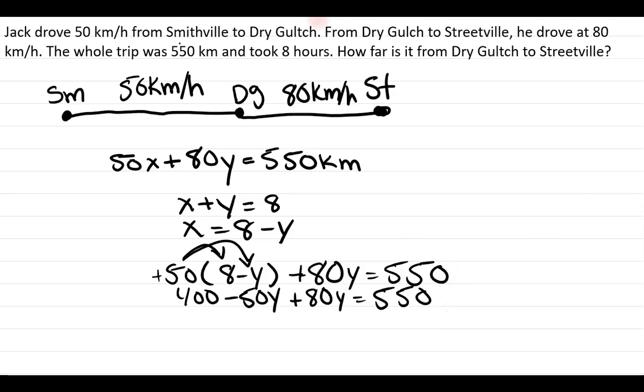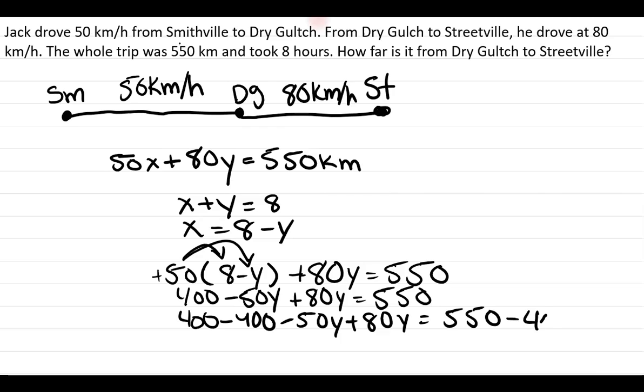Okay, so since we need to bring 400 to the other side of the equation, we'll subtract 400. And since we subtracted 400 on this side, we have to do it to the other, because whatever we do on one side of the equation, we have to do to the other. So we have 550 minus 400. Here positive 400 and negative 400 cancel out. We were basically doing the inverse operation.